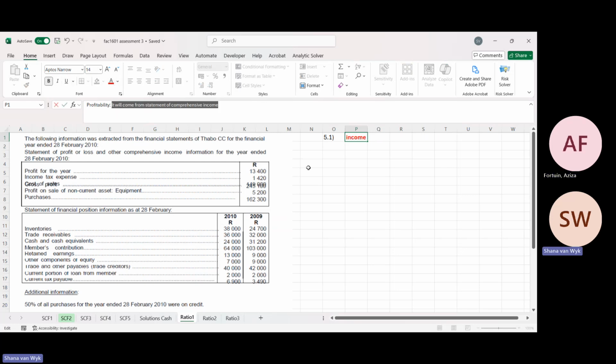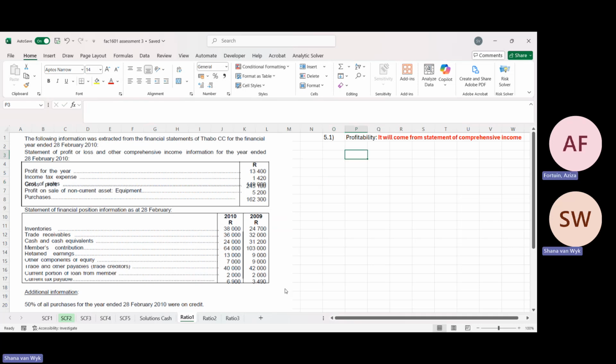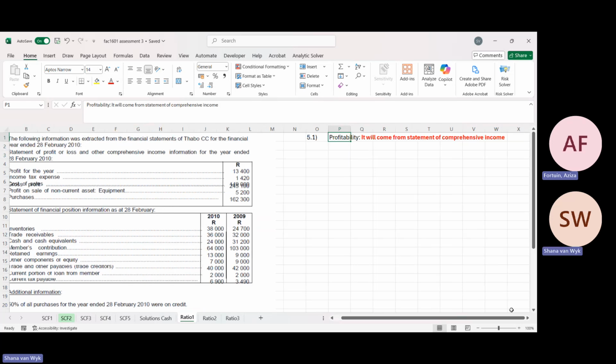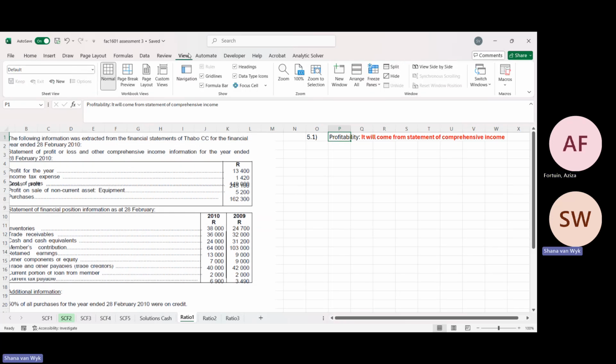Bold this one, income. So now, is your font still 14? No, man, I don't know why it's still small. It's your Zoom. Just go to view on top. Okay, Zoom. Go to 100% next to it.